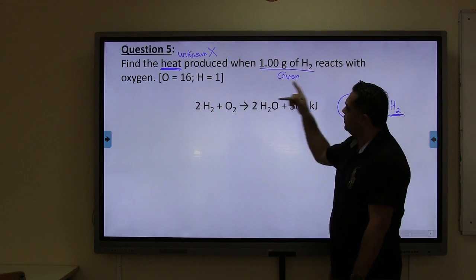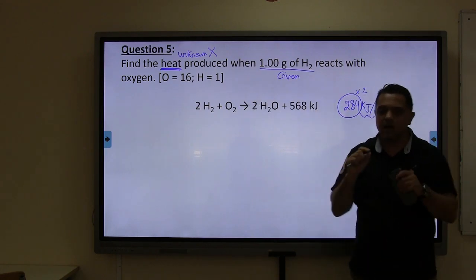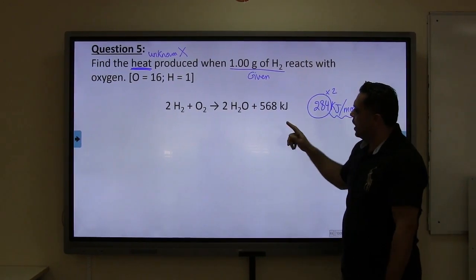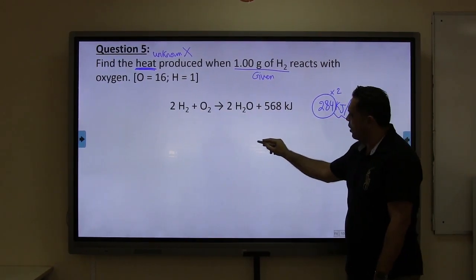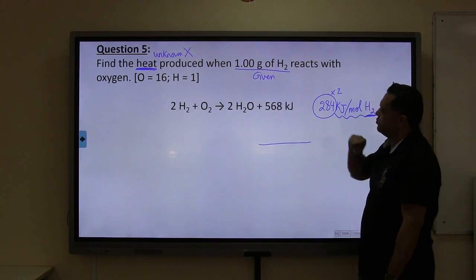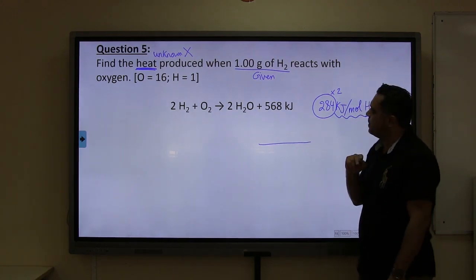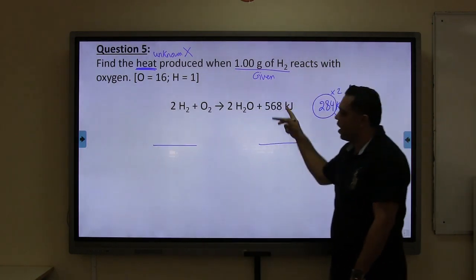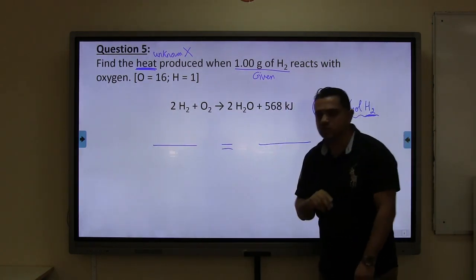Okay, so unknown and given. And as we said, unknown and given should be written on the same level, both of them. So I am dealing with heat. I will write a line below the heat, and I'm dealing with hydrogen. So I have hydrogen, I have heat. These 2 ratios are equal.